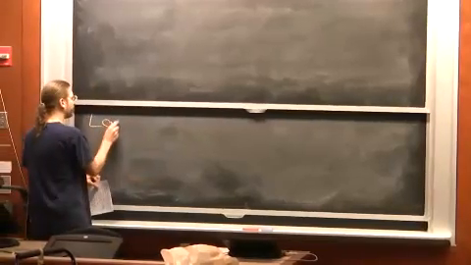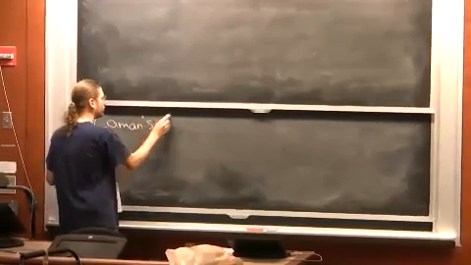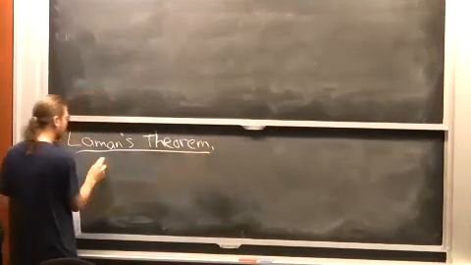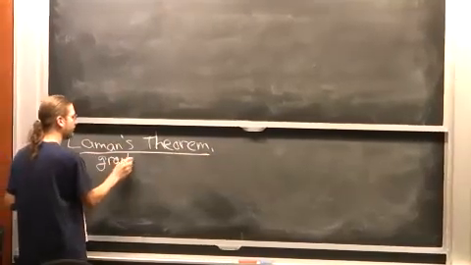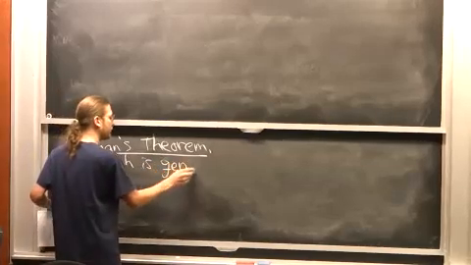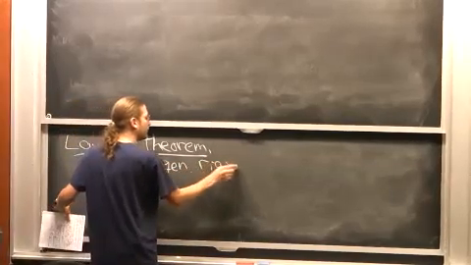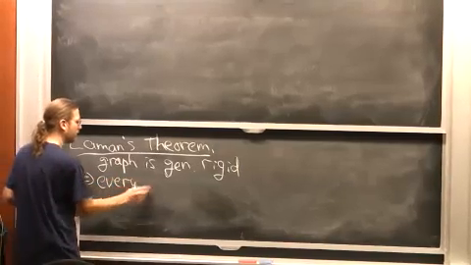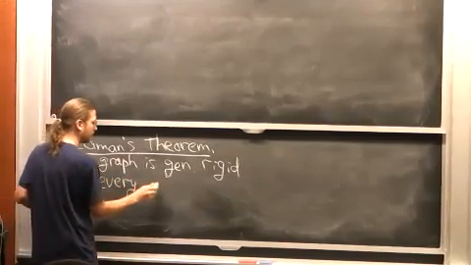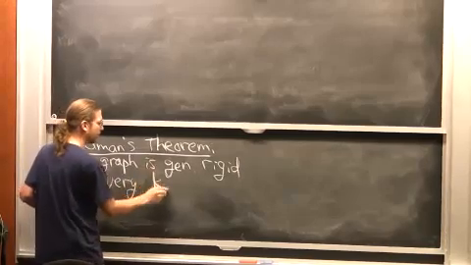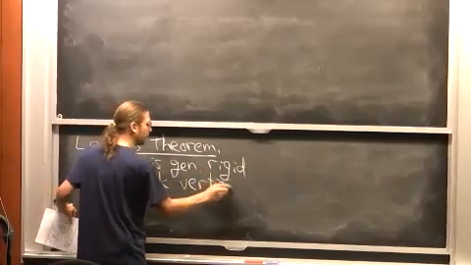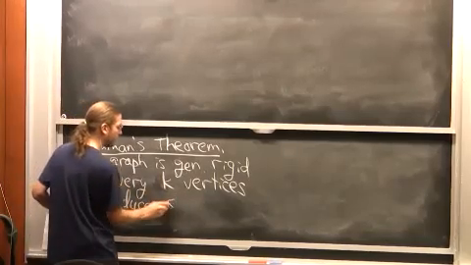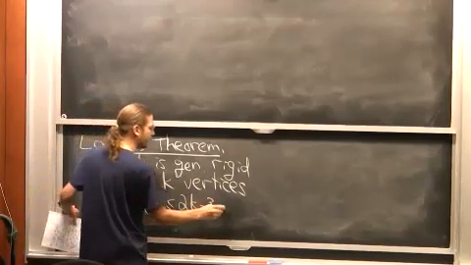Remember Laman's theorem. The Laman characterization is that your graph is generically rigid if and only if every subgraph, let's say every k vertices, induces at most 2k minus 3 edges.